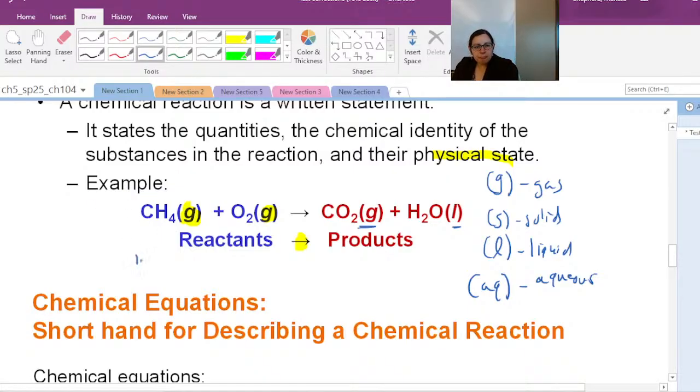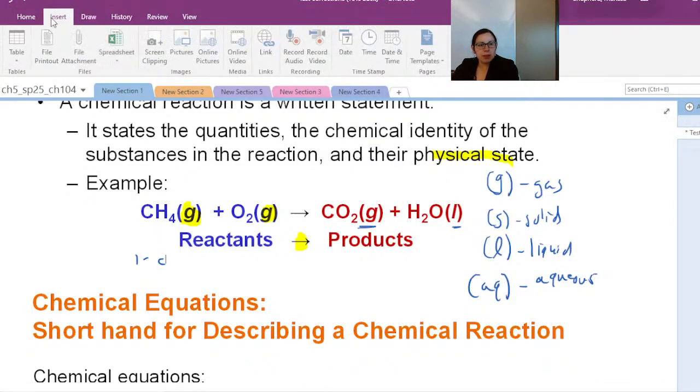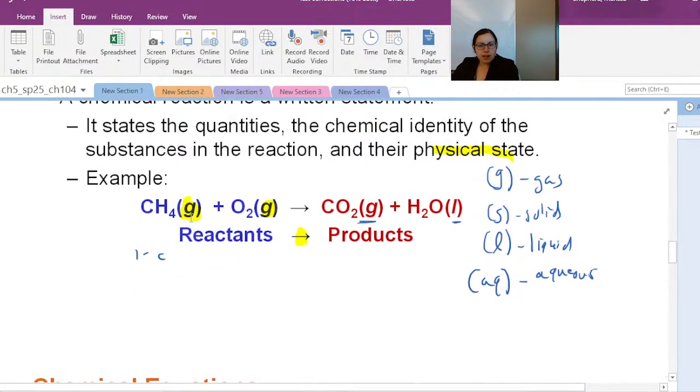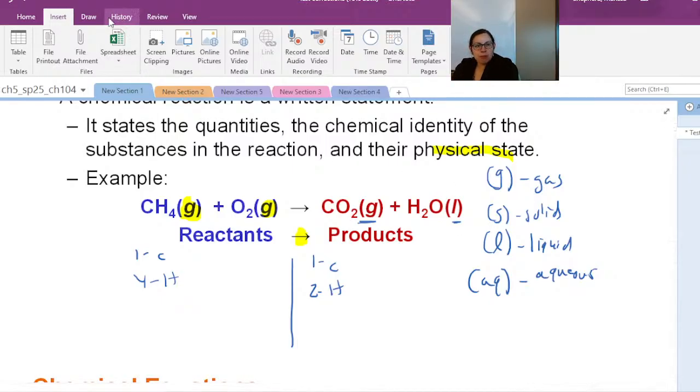So we have 1 carbon atom to begin with on our reactant side. And then I like to make a little chart. Okay, 1 carbon on our product. And then, okay, 4 hydrogens. Now we can see something is off, right? So 2 hydrogens. And so notice we're going to use coefficients to balance. So these are our chemicals, so now we have to figure out in what ratio.